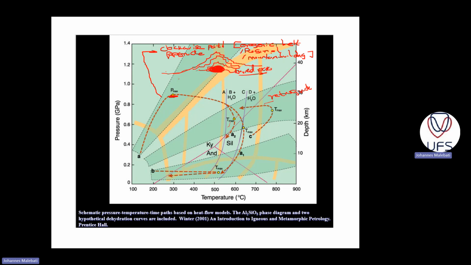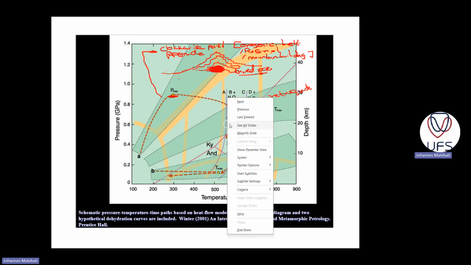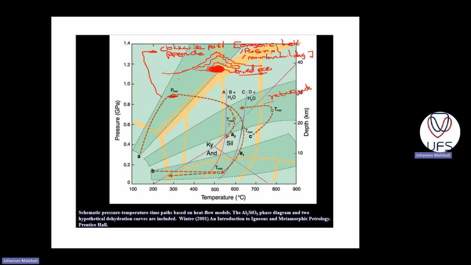That would eventually make sure that this maximum temperature is reached. After that, you expect both pressure and temperature to decrease as the rocks move back to the surface because of erosion and whatever brought the rock closer to the surface of the Earth. That is the path A.